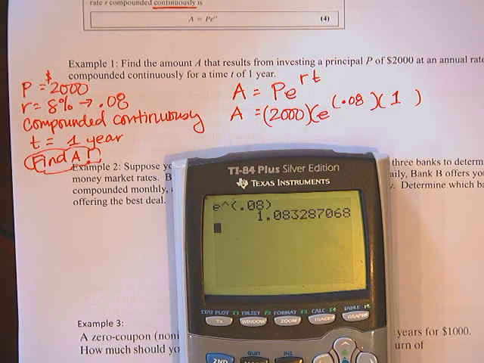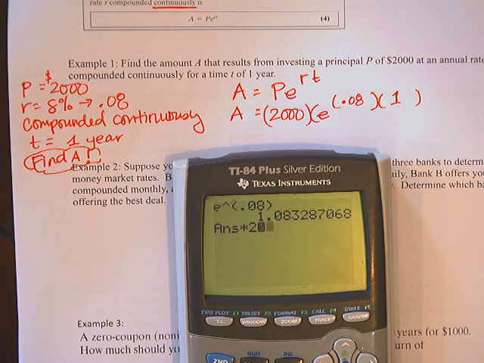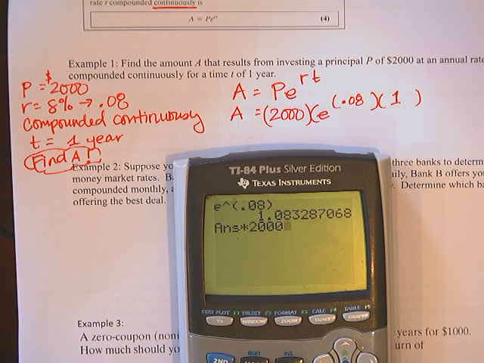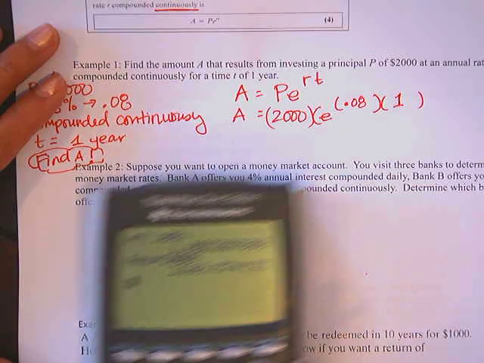I don't want you to round ever until the very, very last step. Throughout the problem, I do want you to write out all of your decimals. So now I'm going to take that and multiply it by 2,000. And at the very last step, because we are dealing with money, round to 2 decimal places.